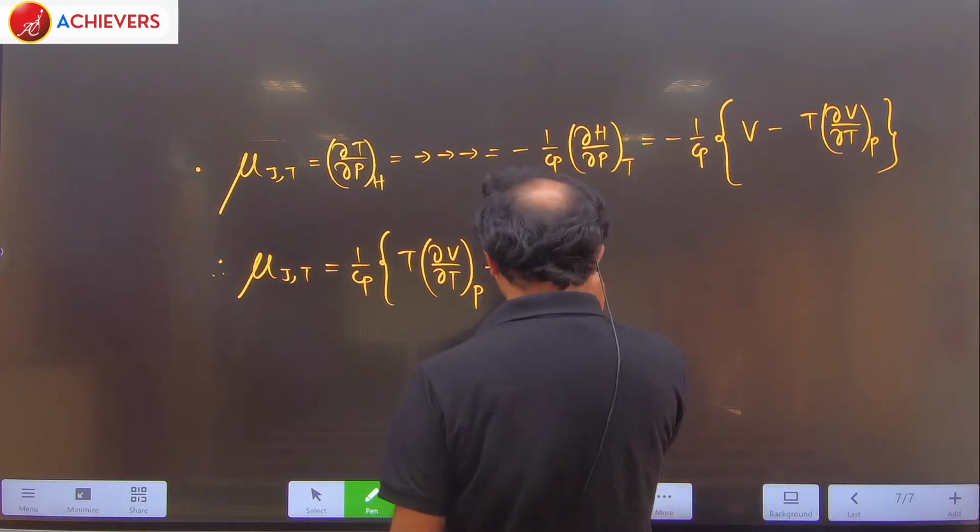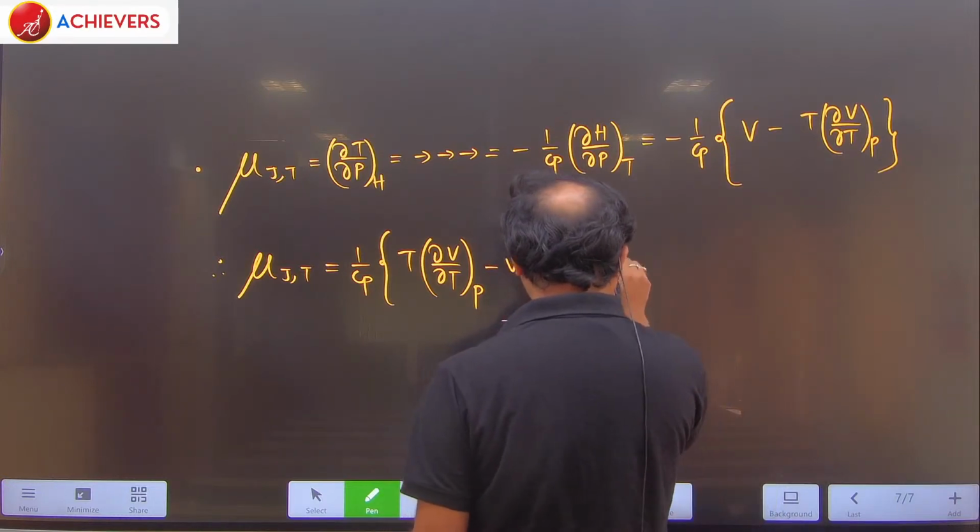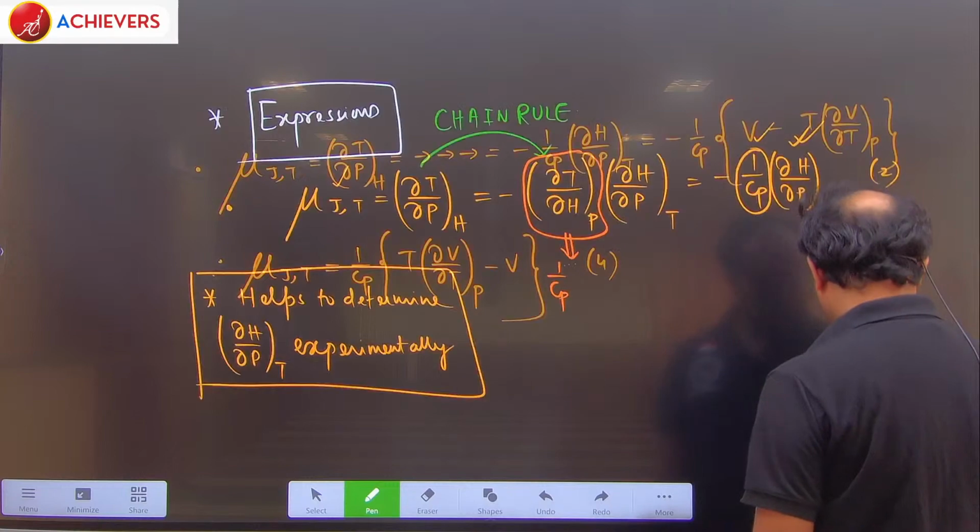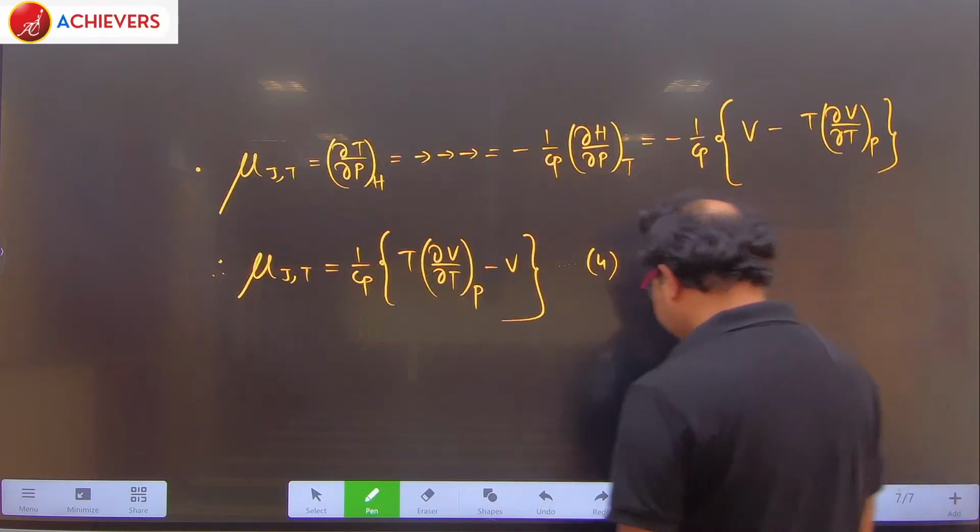Let us name this equation as equation number 3.